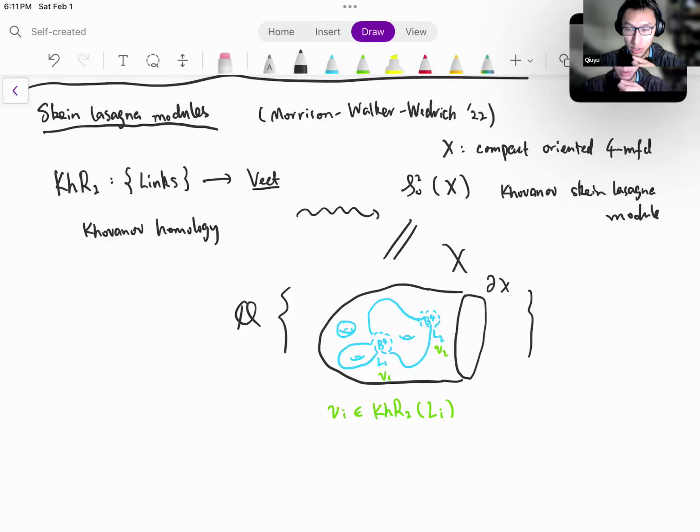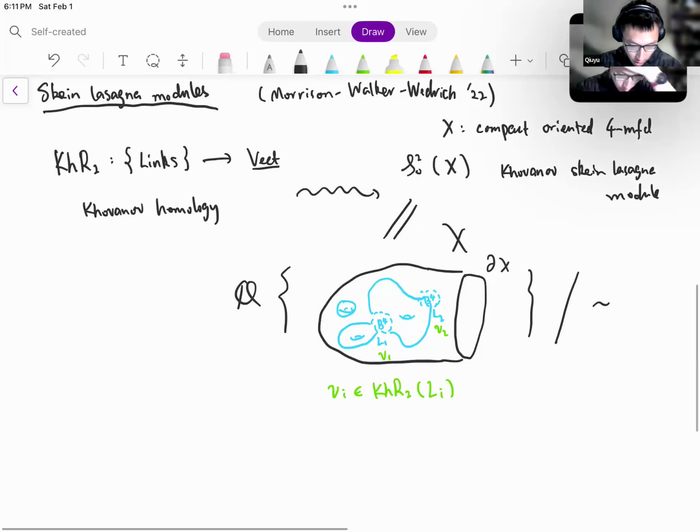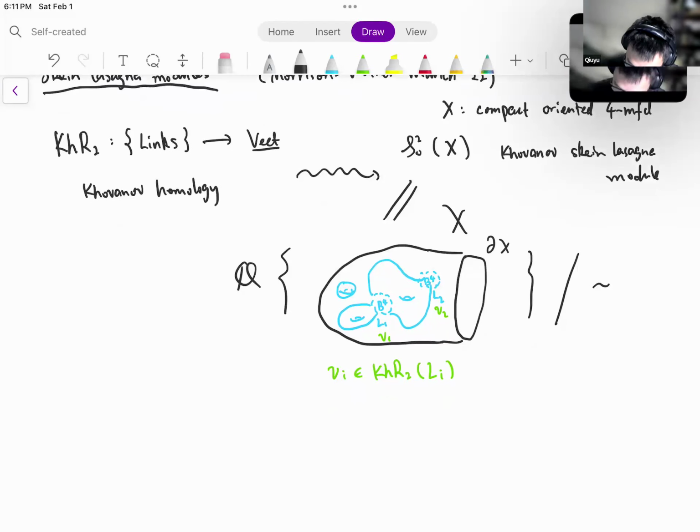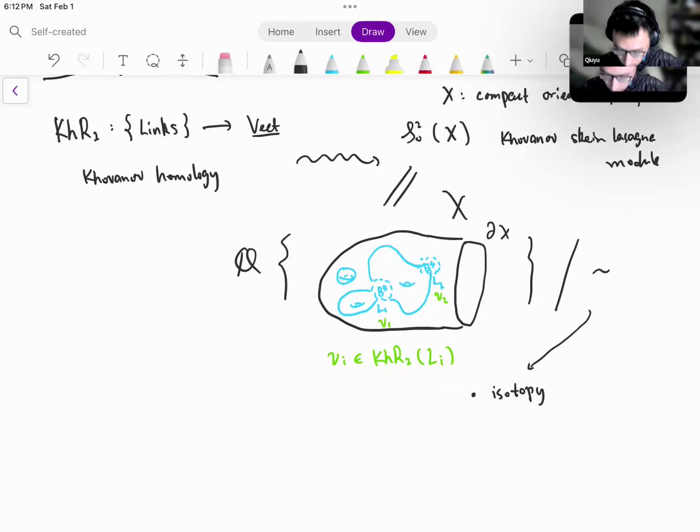I take the Q-linear span of all those things, but I'm also going to mod out some relations. The relation includes, well, first of all, I can freely isotope my surface, my skein, as well as my input balls, the small B4s, and that should not affect the element this object represents in the skein lasagna module.